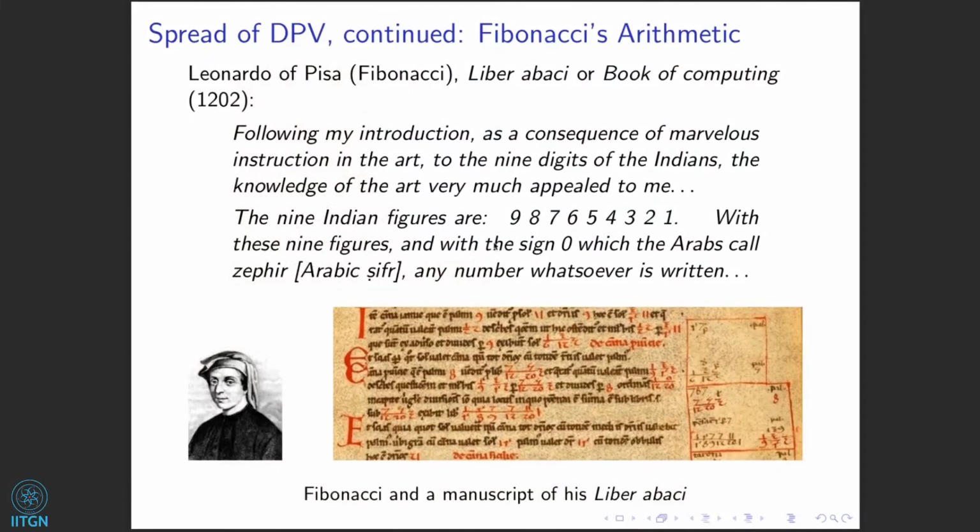And this has been characteristic of the transmission process of the decimal digits throughout its absorption into Western mathematics, because of the change of direction of writing from Sanskrit and other Indic scripts to Arabic and Persian, and then from Arabic back to the left to right Latin and Greek.